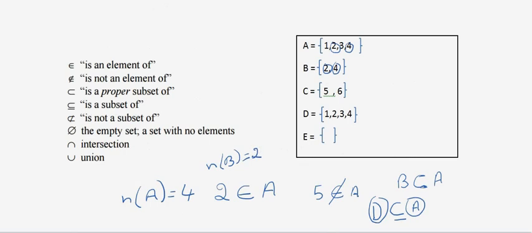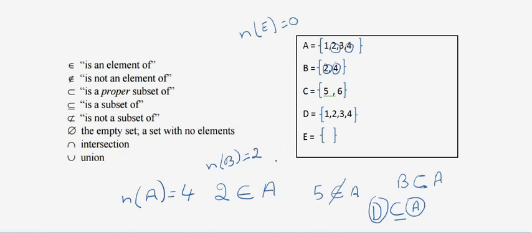It's just a notation for the number of elements within a set. Similarly, there is a set called E which has no element, so the number of elements in set E is 0.